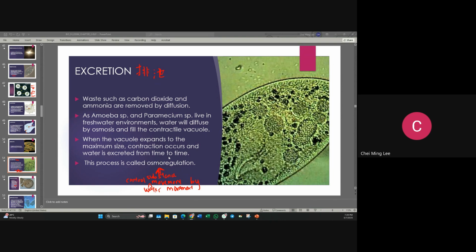We call this osmoregulation, where the substance movement is controlled by controlling the water movement. Means that they use water to take out and take in substances. Okay, all right, do this now.